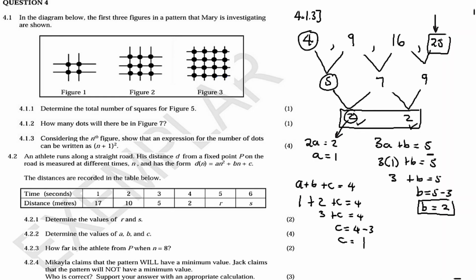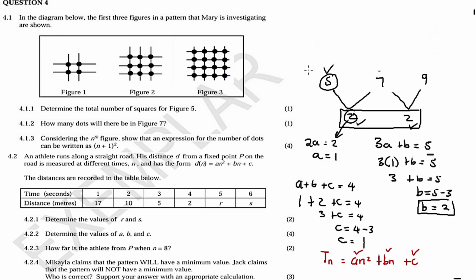Okay, then siyabuya ke masithi, alright. We substitute our A, B, C into the standard form. Okay, so an squared plus bn plus c. Alright, then you put A wam, B wam, C wam. Right? So I'm erasing this part so that ngizokwazi ukubhala kahle.